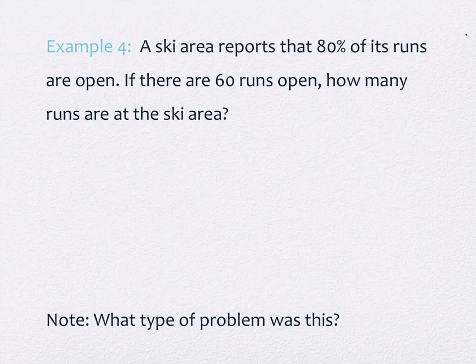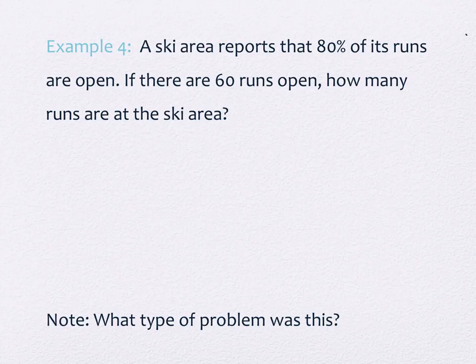A ski area reports that 80% of its runs are open. If there are 60 runs open, how many runs are at the ski area? Okay, let's answer the questions at the bottom of the screen first. What type of problem is this? It's not 1 because we already did 1.